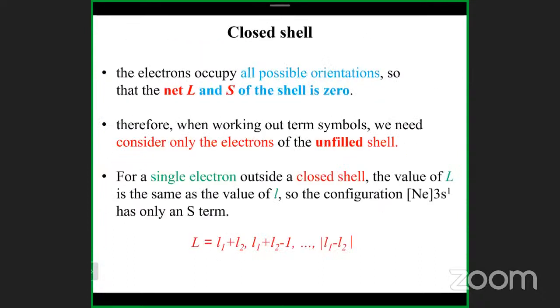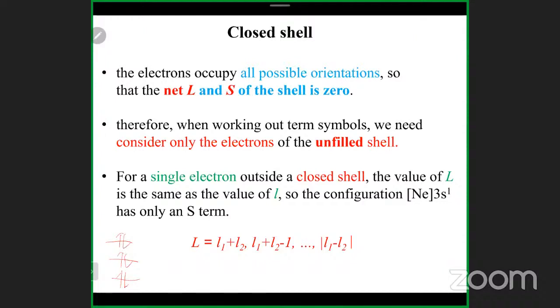Okay, this is a very important thing as well, because this is what will determine the quantum states of electrons and atoms. When the shells are filled, what we mean by shells are filled, so we have all these energy levels, you have 2 electrons pairing each other.